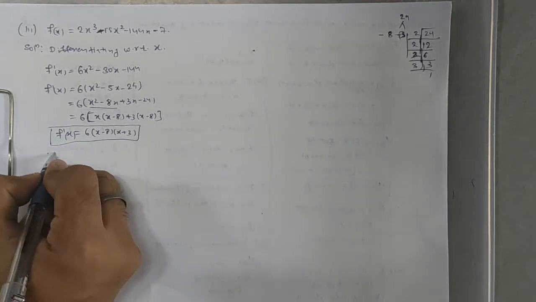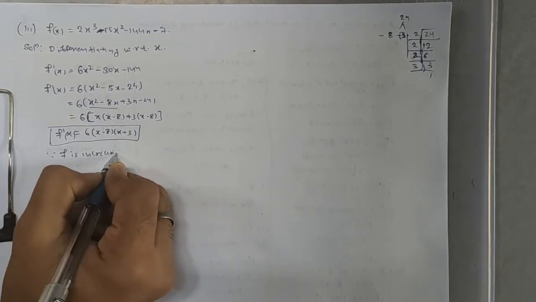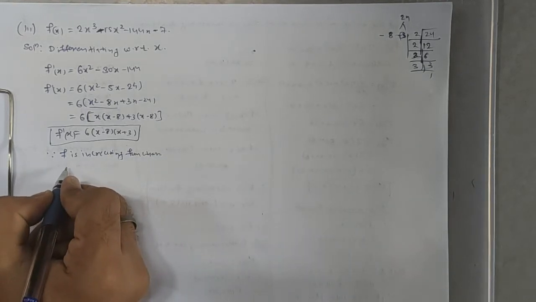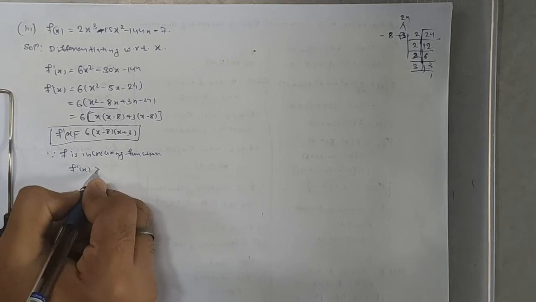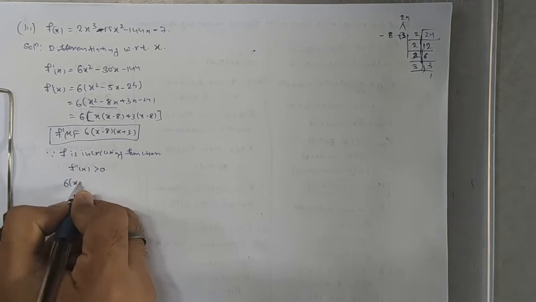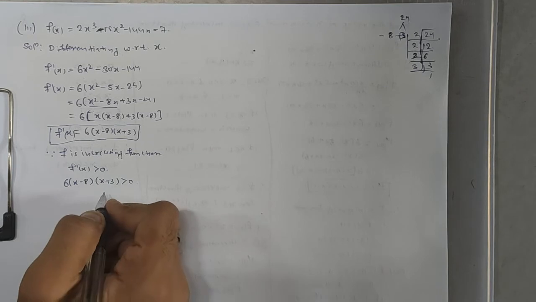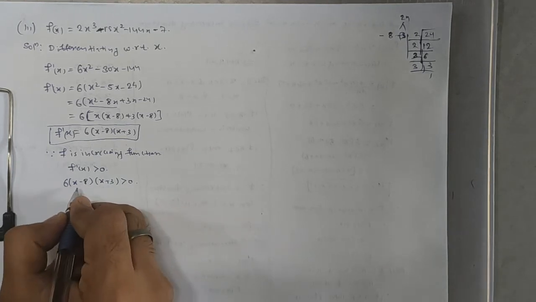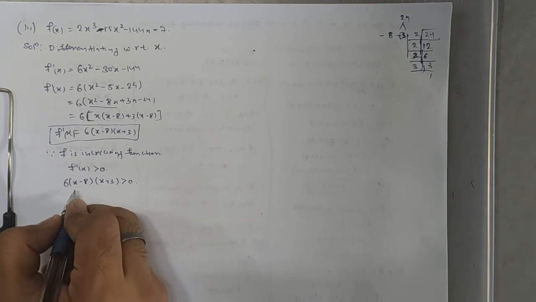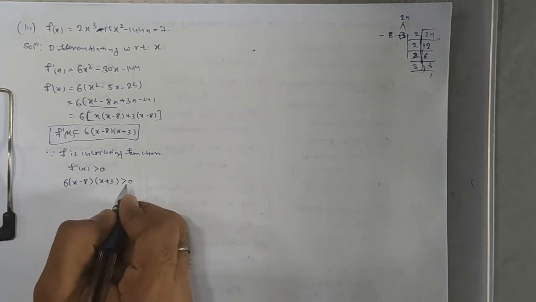Now since f is an increasing function, so f dash of x would be greater than 0. So this implies 6 into (x minus 8) into (x plus 3) is greater than 0. That means both x minus 8 and x plus 3 are positive, or x minus 8 and x plus 3 both are negative, then it will be positive.